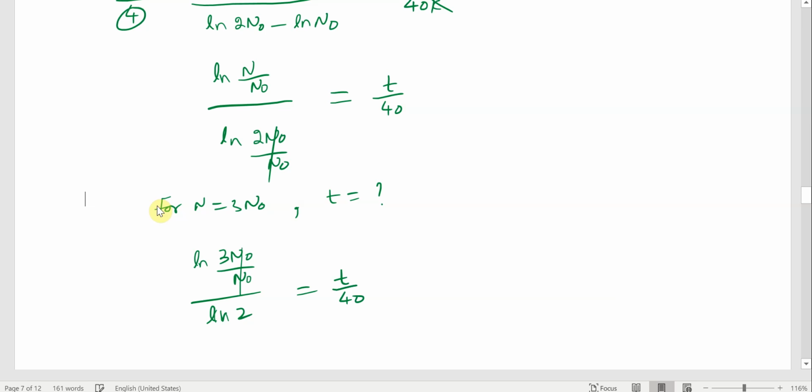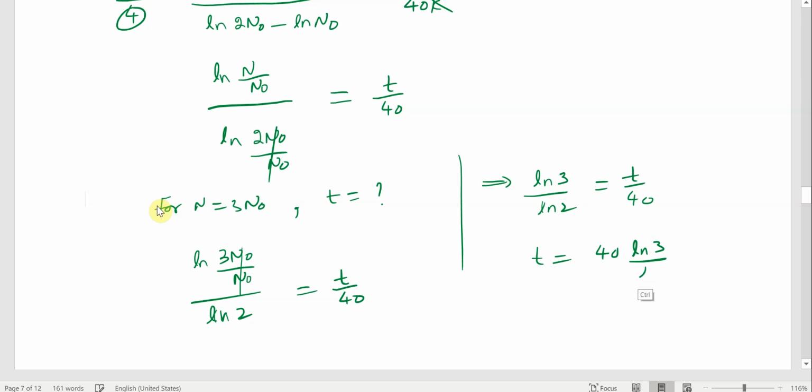The n naught is getting cancelled. Simply ln 3 divided by ln 2 equals t over 40. So time t is, after cross multiplication with 40, 40 times ln 3 divided by ln 2. We can find ln 3 and ln 2 values with the calculator to get the final answer. That is the time required for the population to become triple.